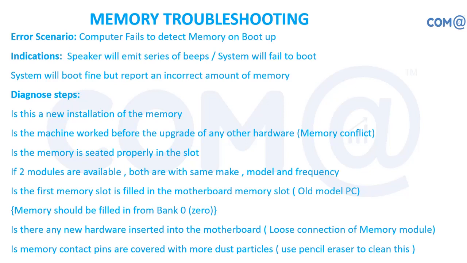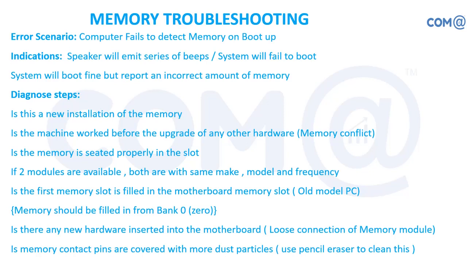Even after doing all these things, if your system is not booting with the second memory module, right, because it works with one 4 GB memory module, then it is a problem with the newly purchased memory module only. So we can conclude that the memory module has an issue, and we can take it back to the shop and give it to them to check.